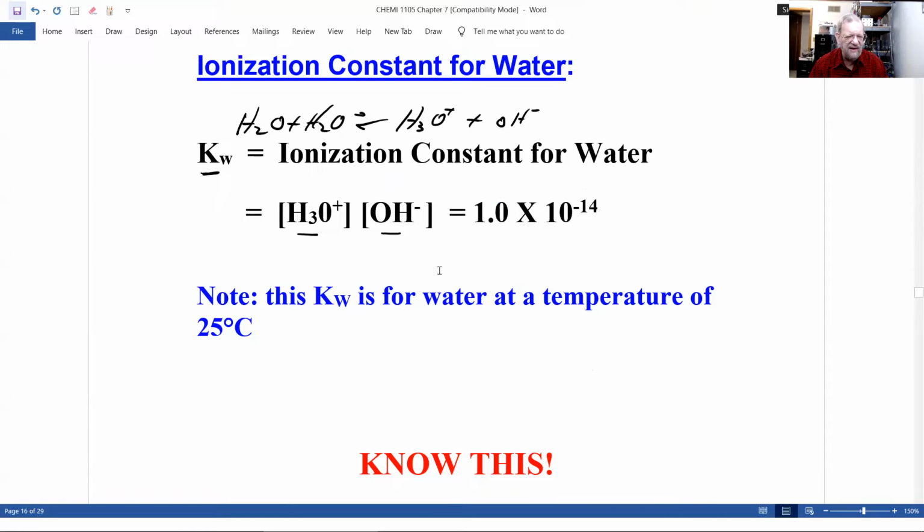And don't forget, on Friday, speaking about upcoming tests, I will be going through the solutions to the problem set. Make sure you do them. Test number 3 is coming up soon. All right, let's have some fun with the ionization constant of water.